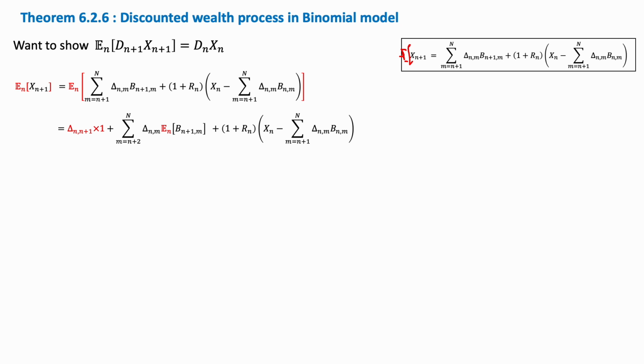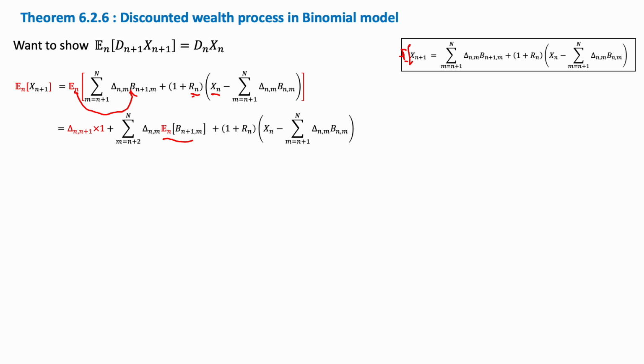And then what we're doing here is we're just taking this expectation and bringing it inside. Here we're taking the expectation as of time n, right? So at time n, we know exactly what Rn is. Rn really depends only on the first n coin tosses, so once you toss the coin n times, we know exactly what Rn is. So this is not random.